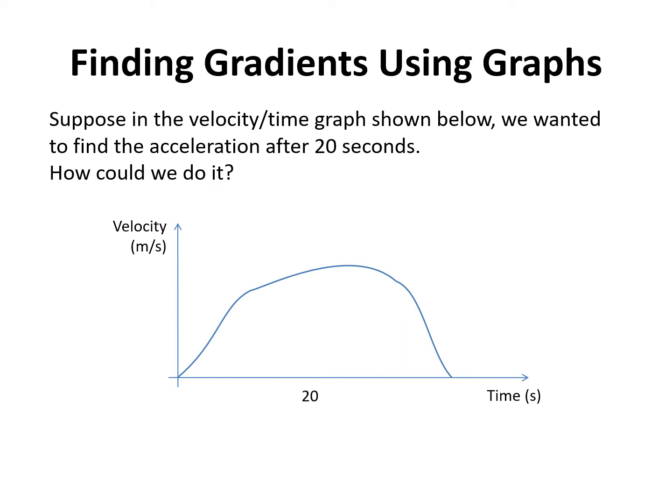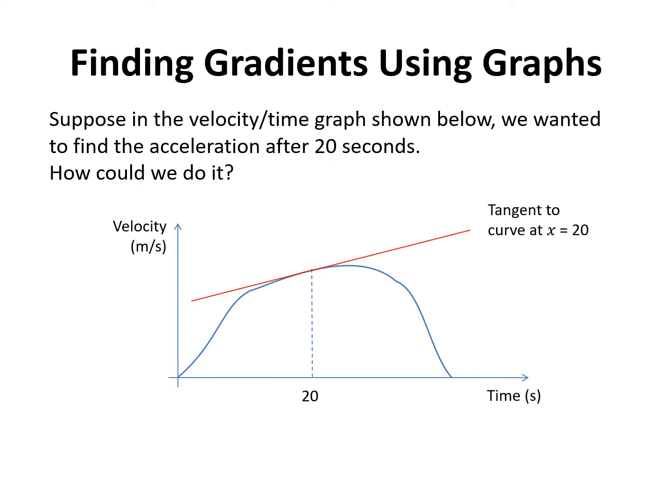Okay. Let's just go back to another example. Here's a velocity time graph and it's changing. Suppose we want to find the acceleration after 20 seconds. Now, the acceleration is going to be the slope of the graph. So we need to find the slope or the tangent of that curve at 20 seconds. So we go to 20 seconds, we draw a line up from 20 seconds where it hits the curve, and then we draw a tangent line at that point.